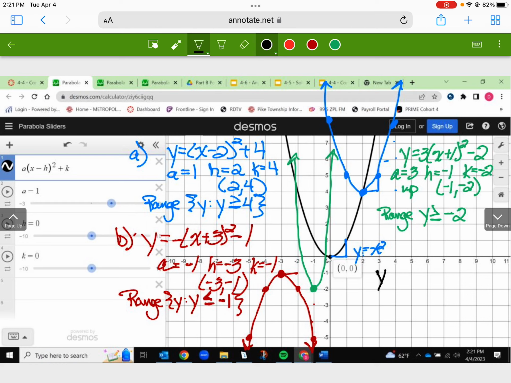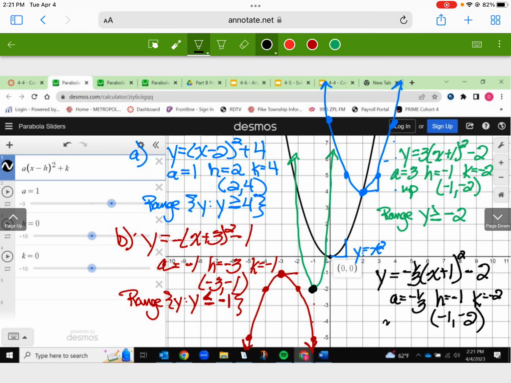Y equals -1/3 x plus 1 squared minus 2. So my a value is -1/3, my h value is -1, my k value is -2, which means I'm at -1, -2, which is right here.